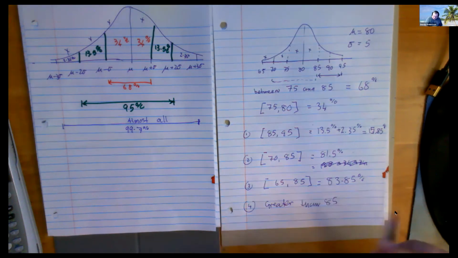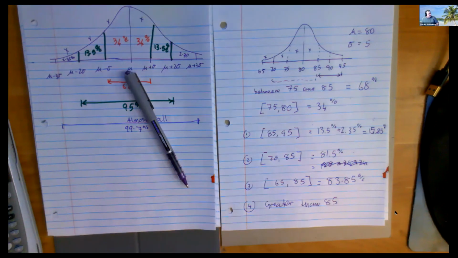What percentage of that class got greater than 85? And you've got to be careful here, because I'm going to use it a slightly different way than you typically would do it. Normally you would add up pieces of cake, right? You'd add up this, and this. That typically is how you do it.